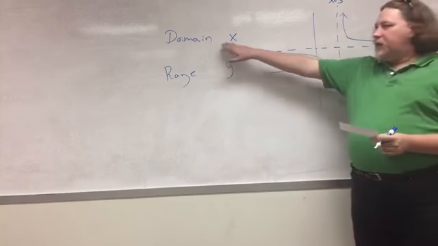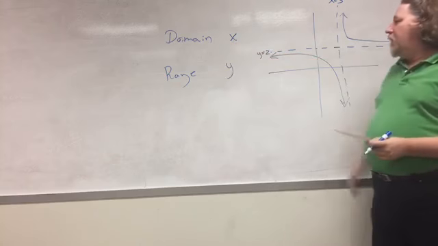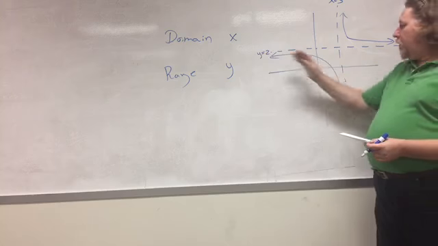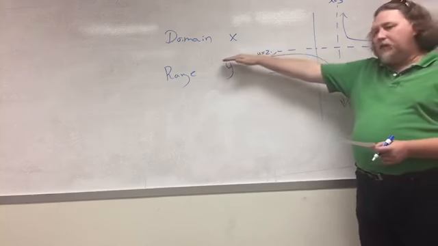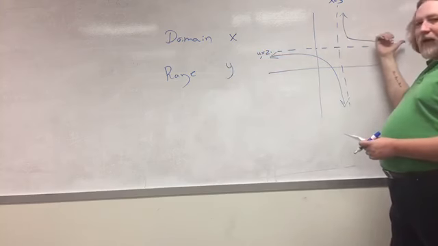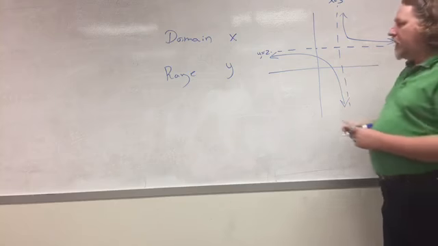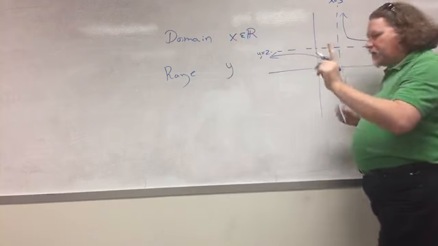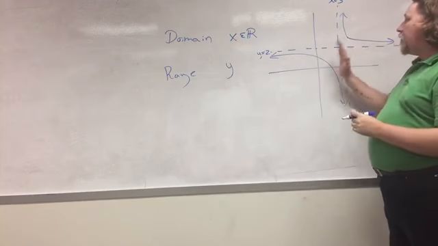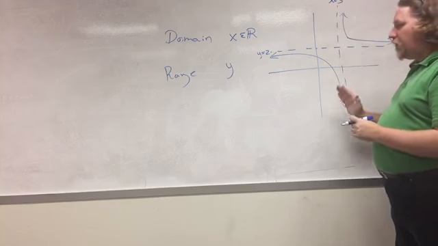Then when I'm describing the domain, x, I would say that this graph goes all the way to the left. If I follow it, x is left, right. If I go all the way to the left, it goes to negative infinity. If I go all to the right, it goes to positive infinity. So I could say that x is all real numbers, except, wait a minute, it jumps over right here. It never hits x equals 3.